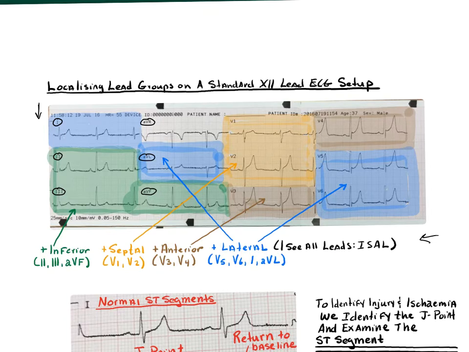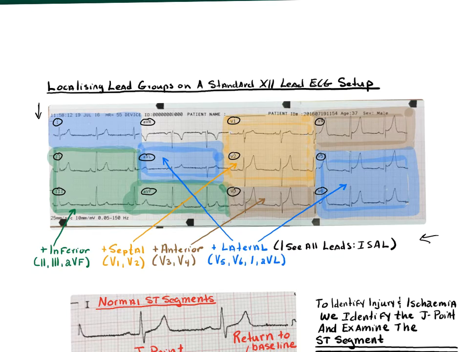So far, so good? Okay, to the right of your augmented leads, you then have all of your precordial leads, starting at V1. So V1, 2, 3, and then to the right of that, V4, V5, and V6, and you have all of your standard 12 leads. You guys cool with that?